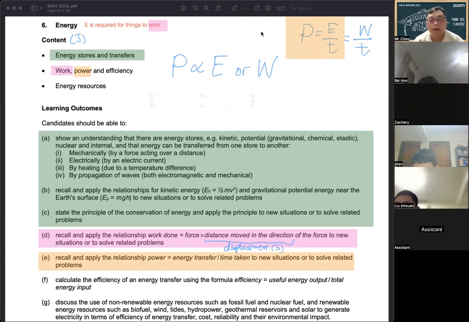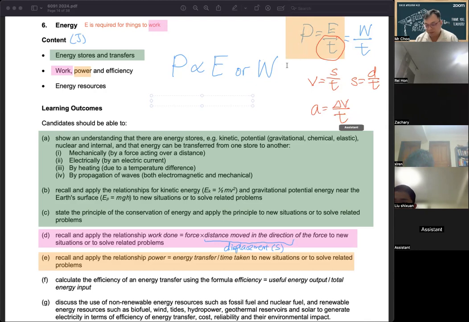Okay, so what is the definition of power? Do you all remember in the previous topic, when you see divide by T? Do you remember I talked to you about divide by T? For example, velocity is your displacement over time. Speed is your distance over time. Acceleration is your change of V over time.